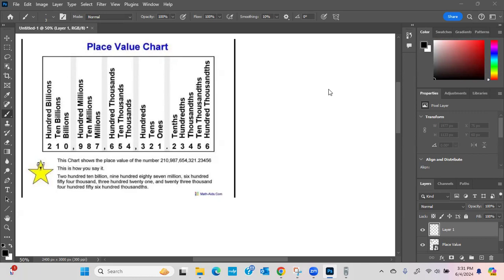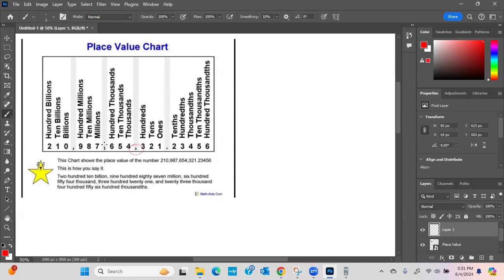A couple of things that we definitely want to notice here, and those would include things like where this decimal point is. That's going to be key. All of the values to the left of that decimal point are 1 or greater. The values to the right of the decimal point are less than 1. And so we will take advantage of that.